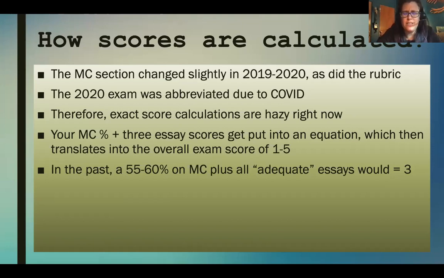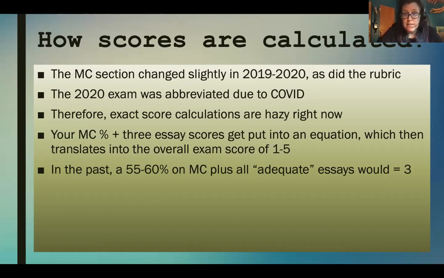They use all kinds of algorithms to achieve cut scores and that kind of thing, and all of that is well beyond my little English teacher brain. But basically what happens is that your multiple choice percentage and the score you get on each of the 3 essays get put into an equation. That equation gives you a composite score, and then that composite score is cut at certain places to designate the overall exam score, which is the 1 through 5, which you are probably familiar with.